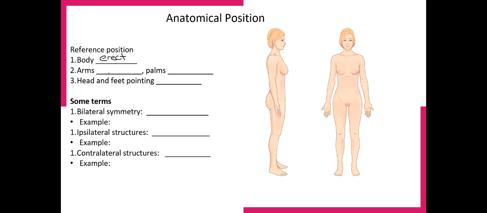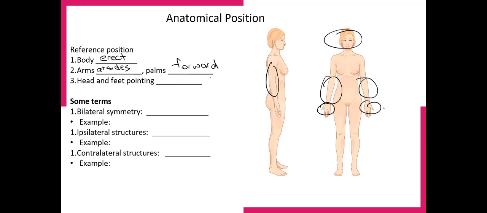The arms are at the sides. So you can see here, arms are at the sides with the palms facing forward, right? So palms are facing forward. The head is also facing forward, as are the feet, right? So this is the anatomical position.